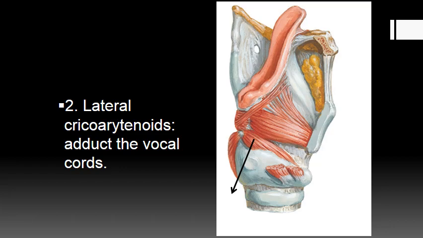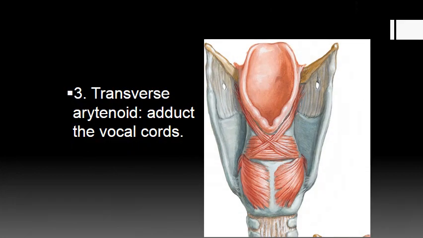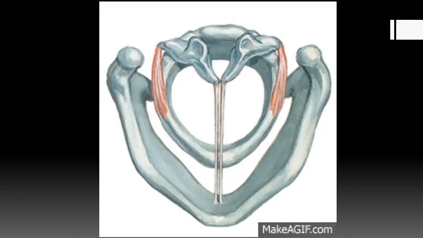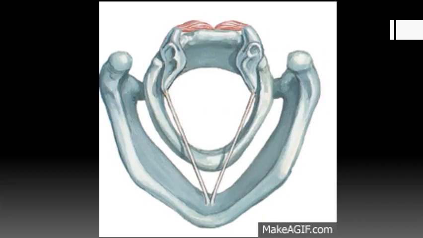This muscle is responsible for adduction, as is the transverse arytenoid. Here you can see the abduction and adduction movements: the lateral cricoarytenoid causes adduction, whereas the posterior cricoarytenoid is responsible for abduction.